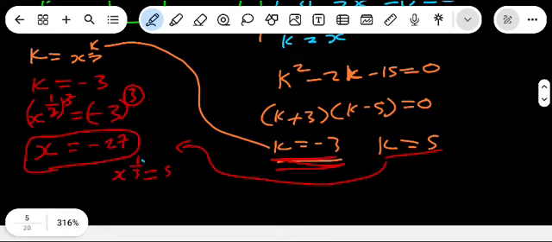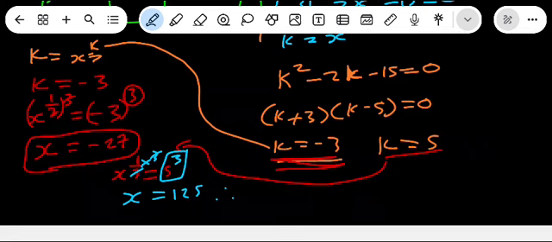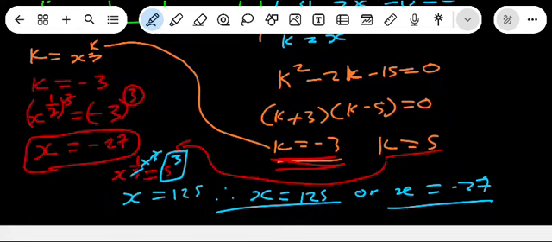Then raise both sides to the power of 3. The exponents will cancel. We'll have 5 cubed, which is 125. Therefore we'll have x equal to 125. Also x will be equal to negative 27. This is what we'll obtain.